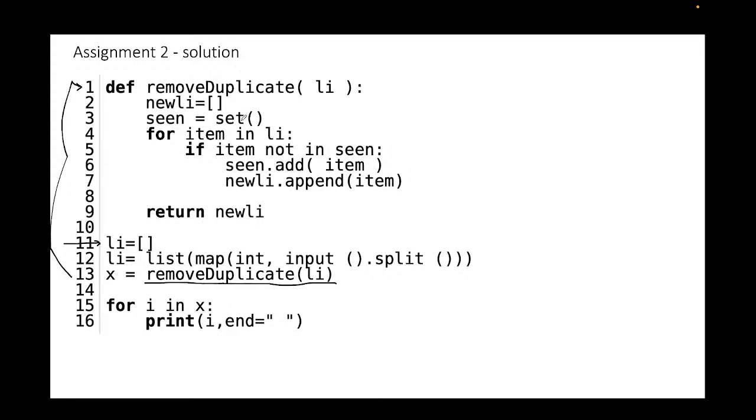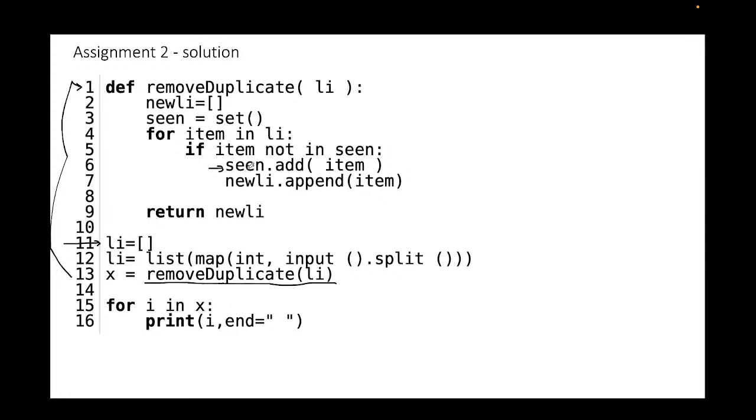Okay, so basically initially the set seen is empty. So whatever item is the first item in the list li, that will be added to this set seen. Okay, that is happening here.